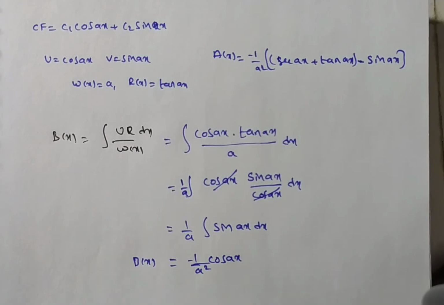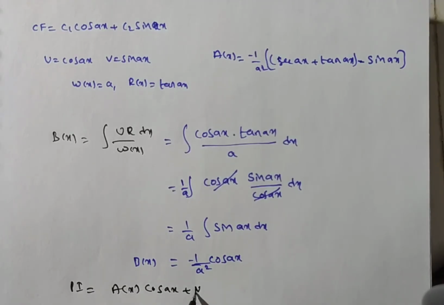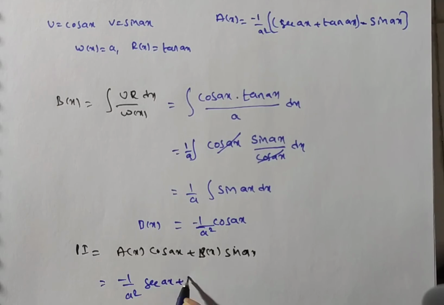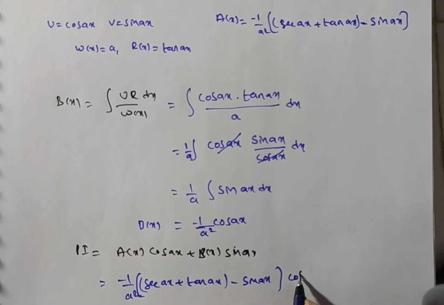Now a of x value, b of x value, both you substitute in the particular integral. What is the particular integral we have? Particular integral is equal to a of x into u of x, that is nothing but cos ax, plus b of x into v of x, that is sin ax. So if I substitute, you see a of x is equal to minus 1 by a square into secant ax plus tan ax minus sin ax, this bracket for whole, into cos ax.